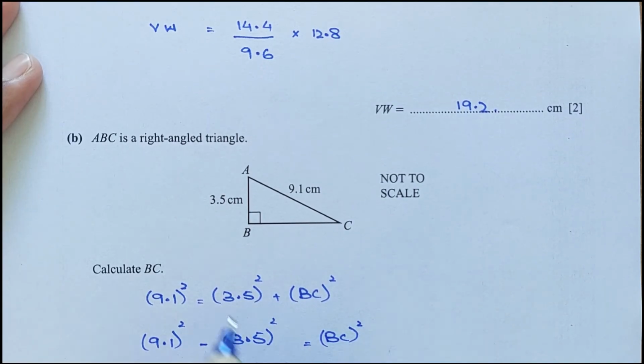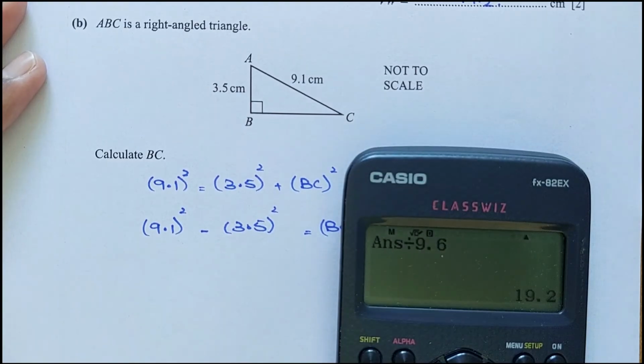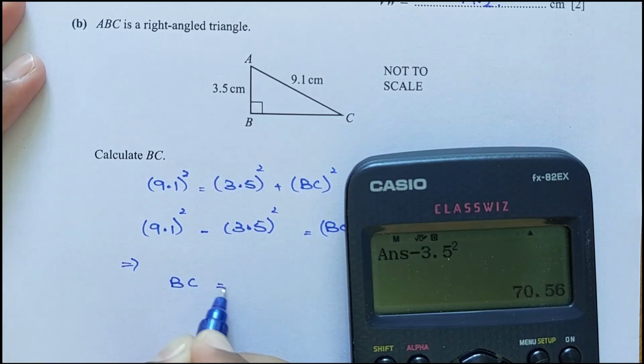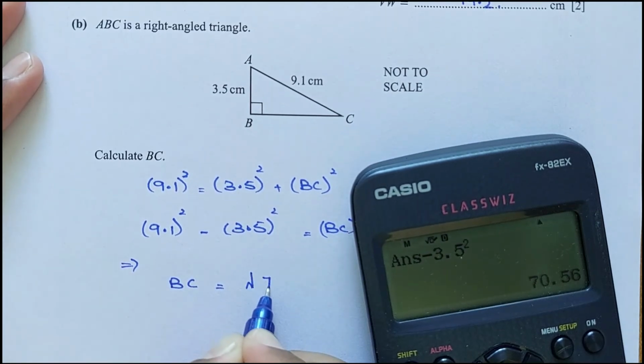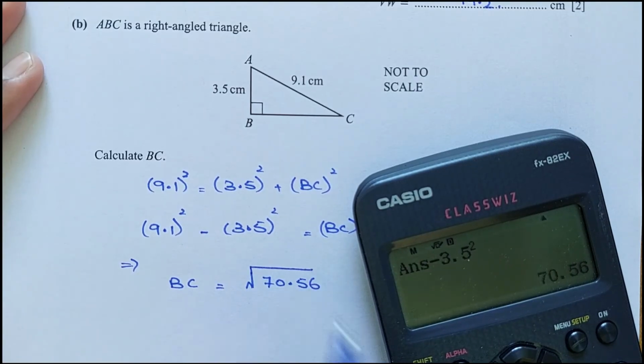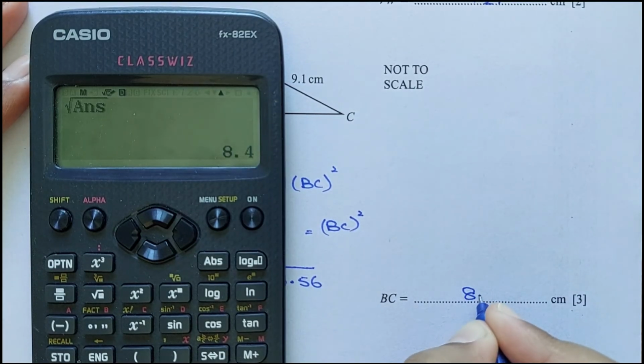Just shift 3.5 squared to the other side, it becomes negative. 9.1 squared minus 3.5 squared is 70.56, so BC is equal to the square root of 70.56. Square root of the answer, this is 8.4 centimeters.